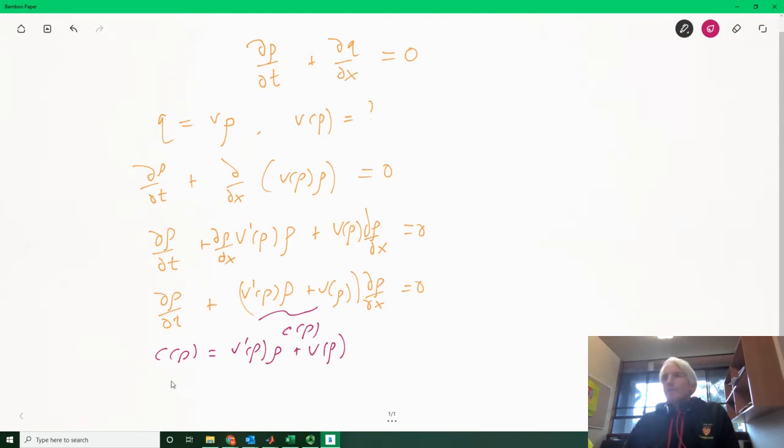Okay, brilliant. And the equation of motion can be written in another form as ∂ρ/∂t plus c(ρ), and this is the standard way we'll write it, ∂ρ/∂x equals 0. So this is the equation. Of course, we still don't know what the c that depends on ρ is, because it depends how the velocity depends on ρ. So that's the next thing we're going to work out.